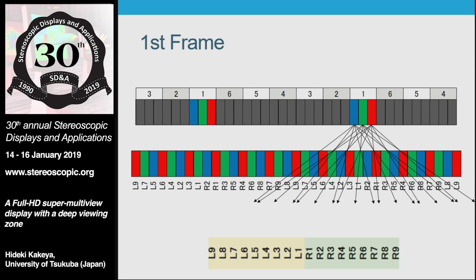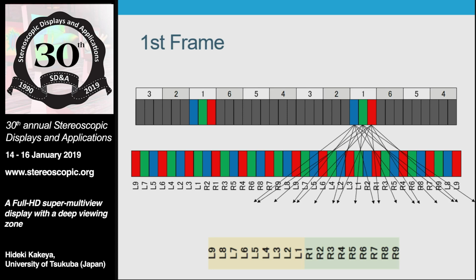This slit pattern is blue, green, and red, while the imaging panel in front has the order red, green, blue. So the order of color filter is opposite. Then the red rays, the green rays and the blue rays are directed into slightly different angles. In this way, we can generate 18 directional lights here. So this is the first frame.